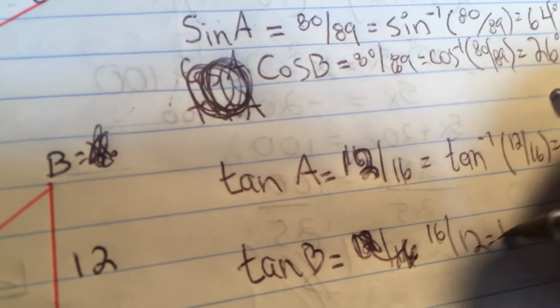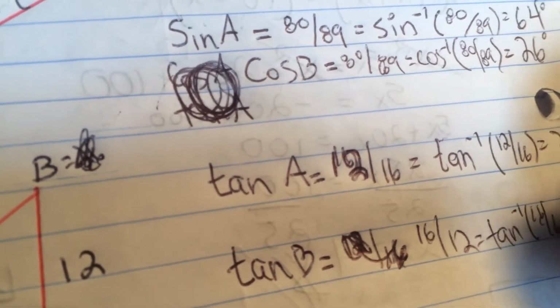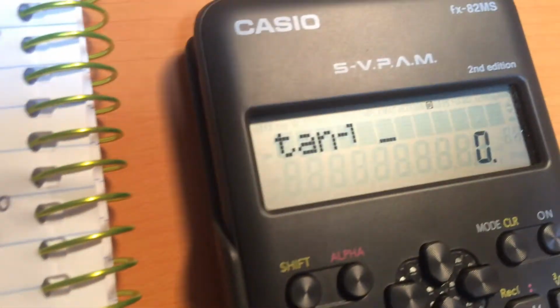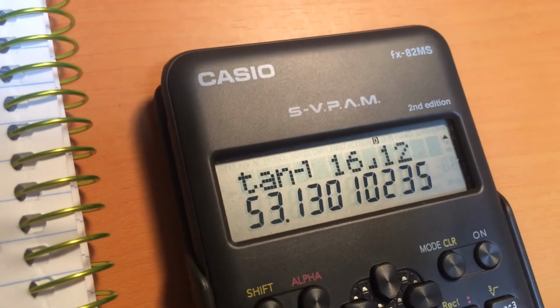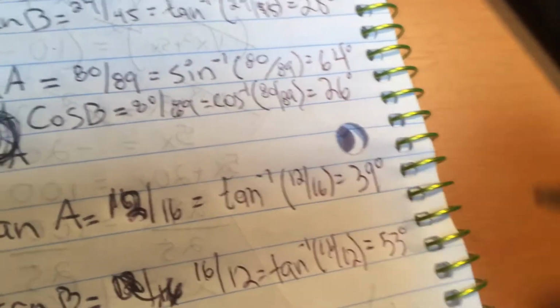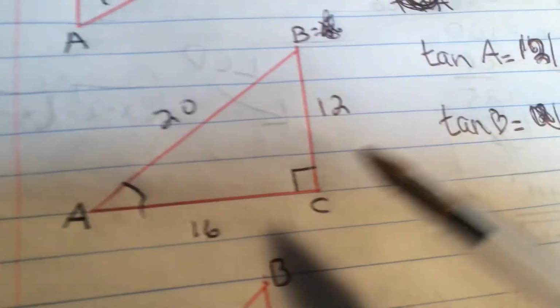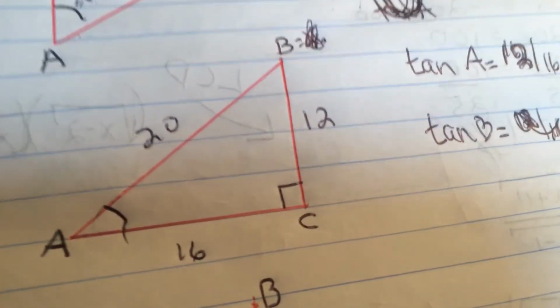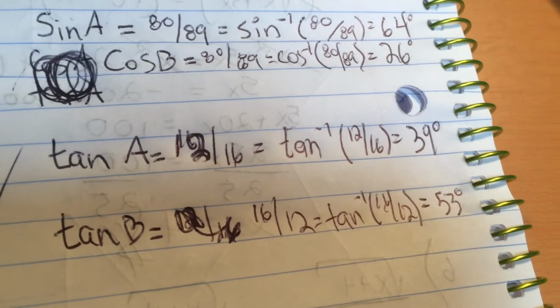Inverse operation, and that's going to be inverse tangent of 16 over 12, 53. Do we know if this is correct? 53 plus 39 is 90, plus 90 is 180. So we know it's correct.